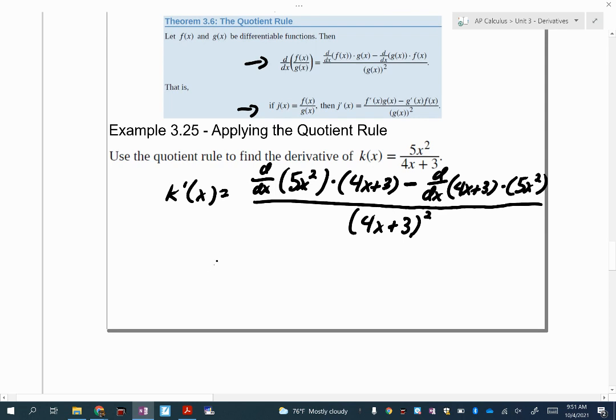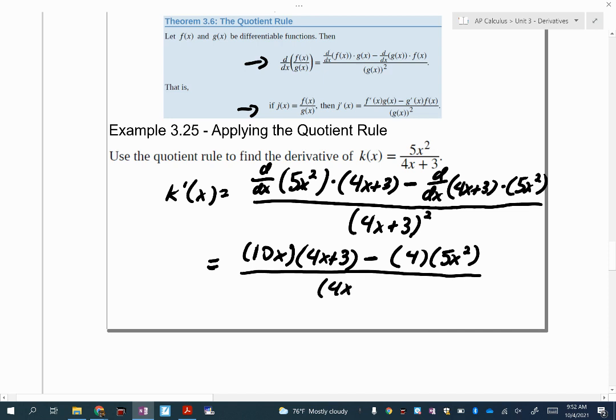All right, let's do a little work here. The derivative of 5x squared is 10x. So 10x times 4x plus 3 minus, and the derivative of 4x plus 3 is just 4, times 5x squared, all over 4x plus 3 squared.